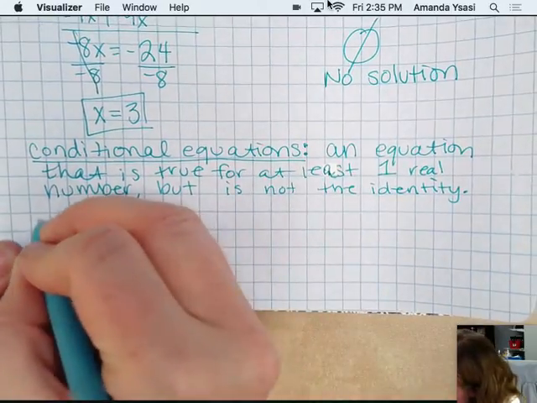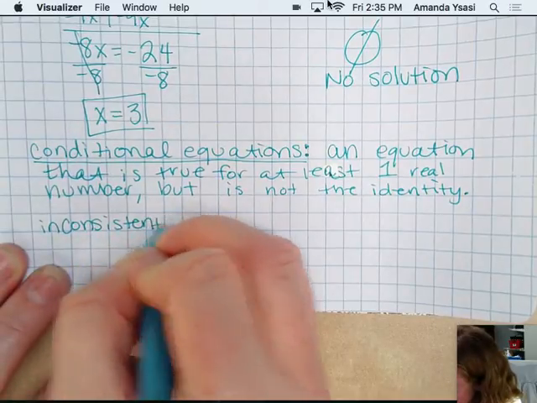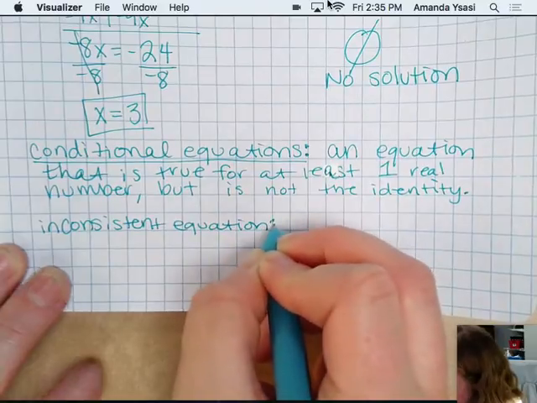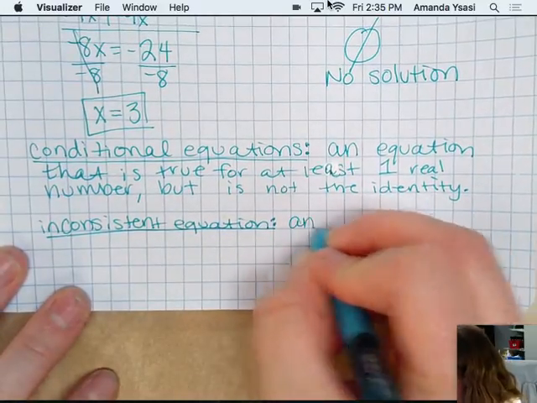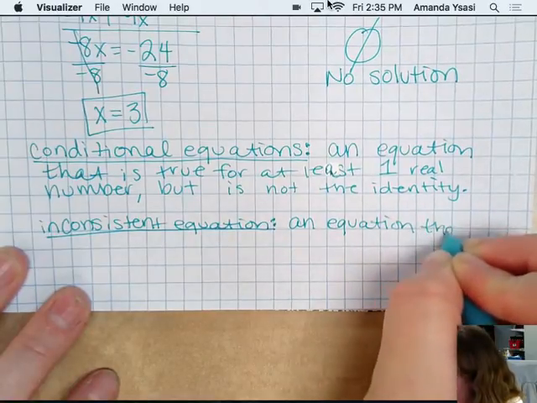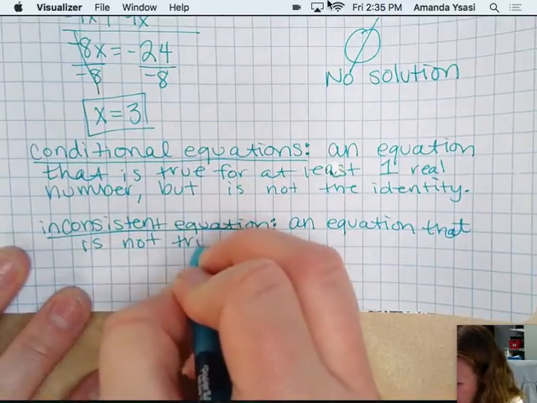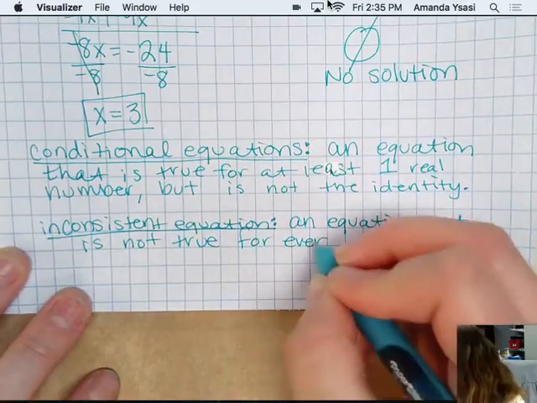But an inconsistent equation is an equation that is not true for even one real number.